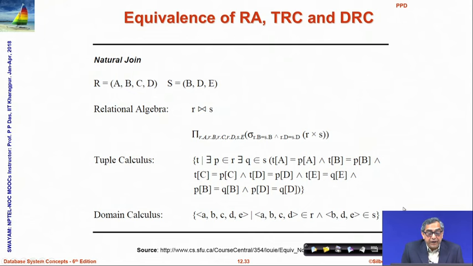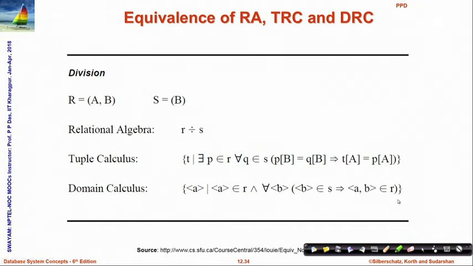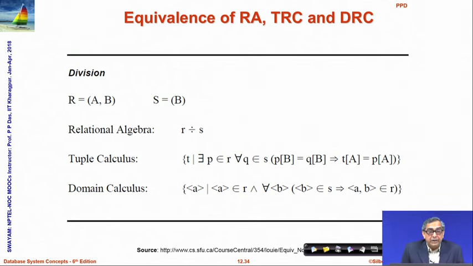We can define a natural join in a similar way, which I will leave as an exercise for you, to convince yourself that this relational algebra expression for natural join indeed has similar equivalence in tuple and domain calculi. Division we just showed as a derived operation. We have not shown how in relational algebra you can write division using the other operations.